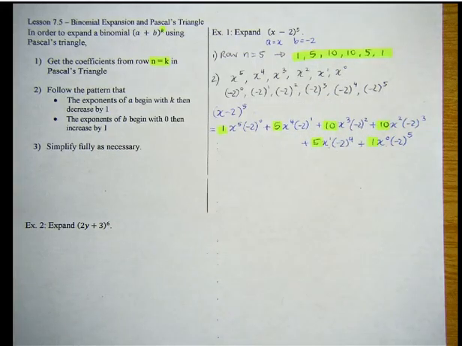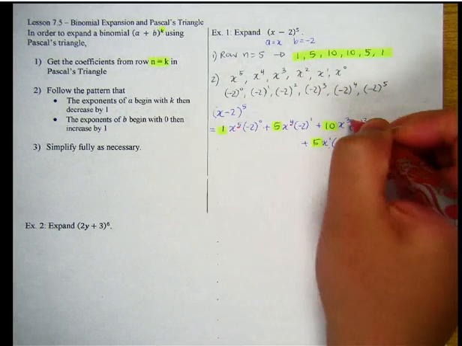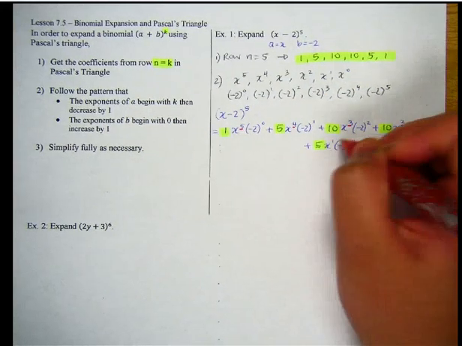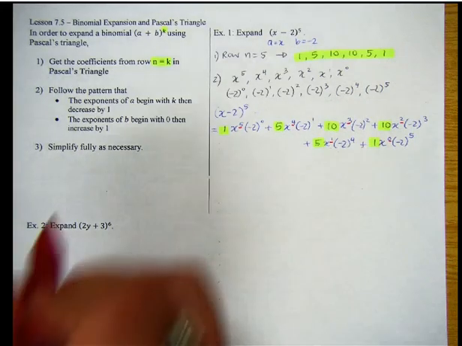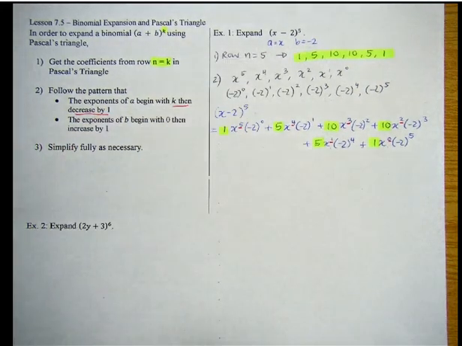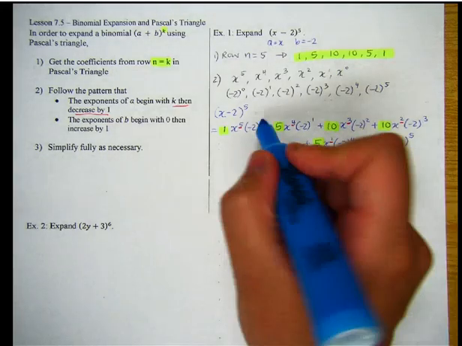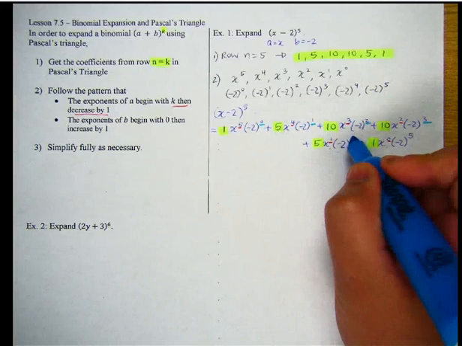The pattern on the exponents of x start with 5, decrease by 1 every time, 5, 4, 3, 2, 1, and 0. The exponents on -2, I started with 0, and then I increased by 1 every time. So 0, 1, 2, 3, 4, 5.